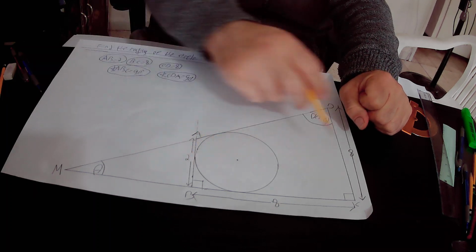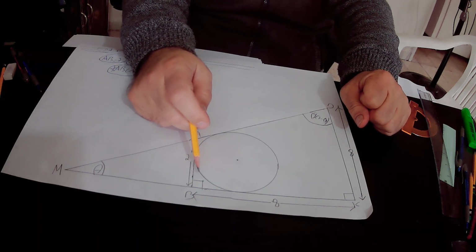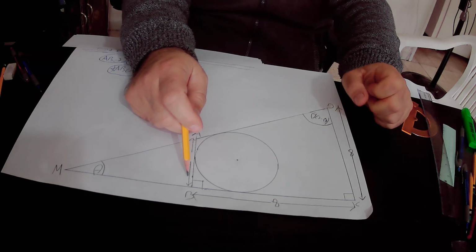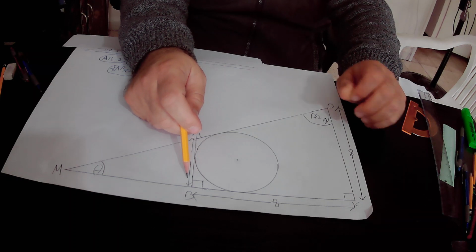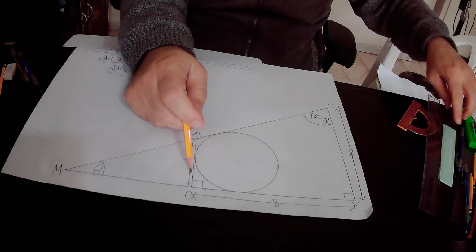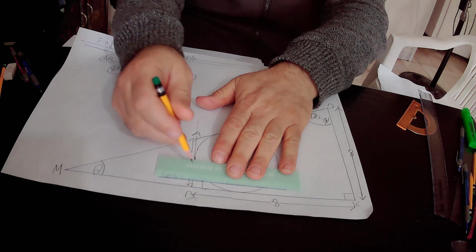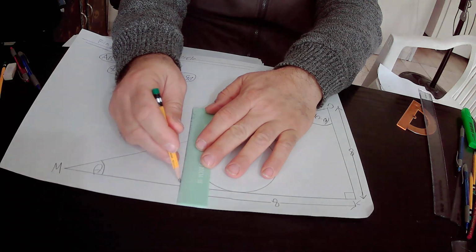So which angles do we have at the upper side of CM at point B? We have this angle equal to 90 degrees plus this missing angle. In total, they must be equal to 180 degrees according to the rule that I mentioned. Therefore, the missing angle must be equal to 90 degrees, in order to complete the sum of the angles on the upper side of CM at point B to 180 degrees.